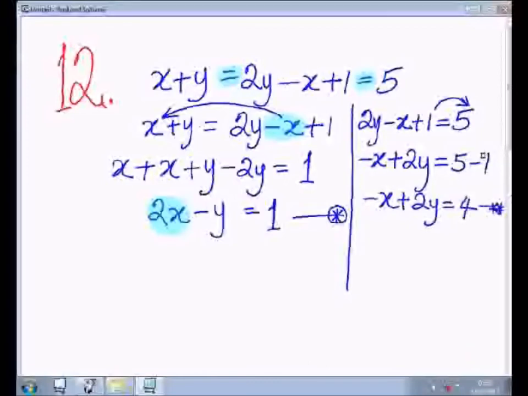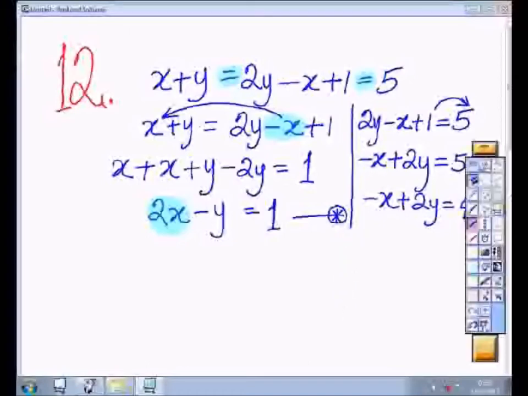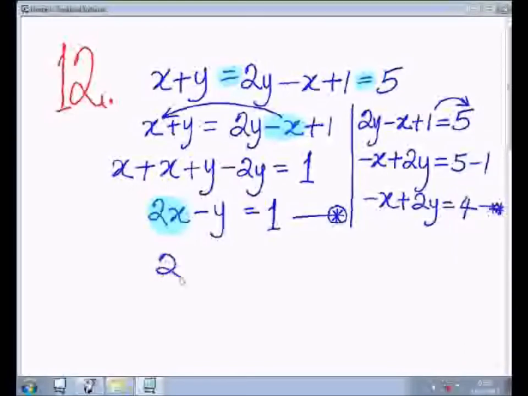Now we are going to solve the two equations simultaneously. Now we may choose to use elimination method here, so that we have 2x minus y is equal to 1. That is our equation star.